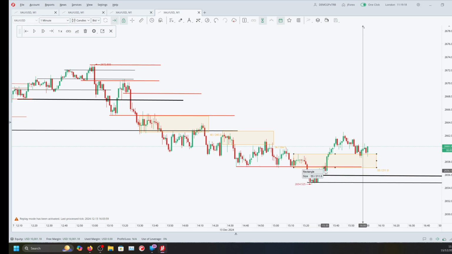And, you know, this highlights as well the dangers of taking a short trade if your target is before the low. It's always a good idea, if you can, to get into a trade where your target is the swing low.